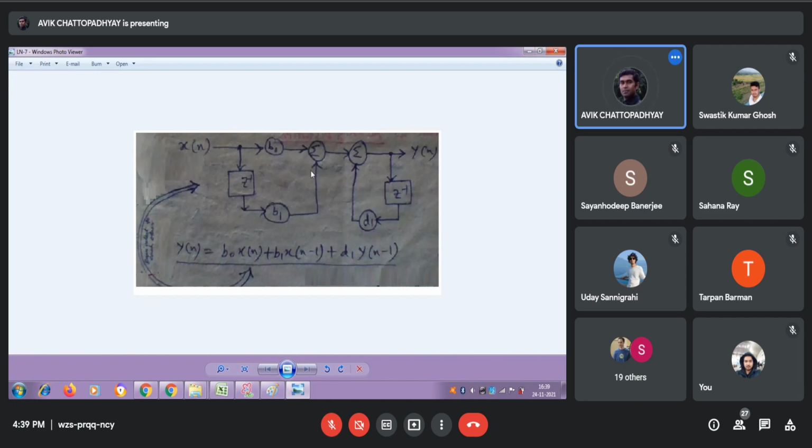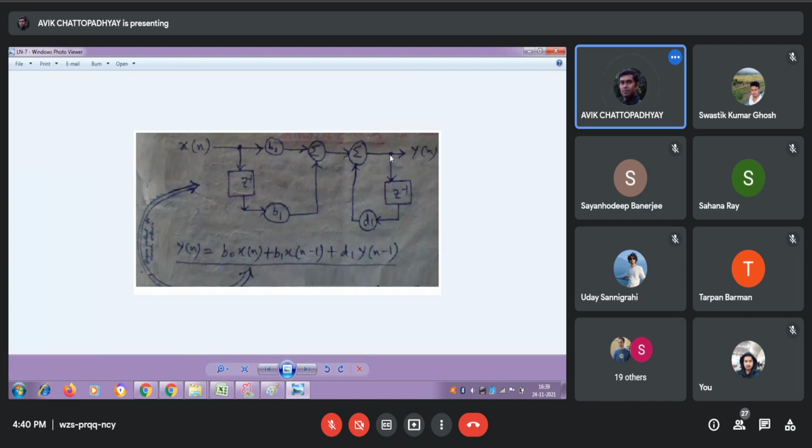When it is releasing, it comes here, getting multiplied by b1. So b1 x of 0 is added with x of 1, the next sample, and multiplied by b0, giving you this part. And what is that part? That part is when you got y of 0, the previous instant output.